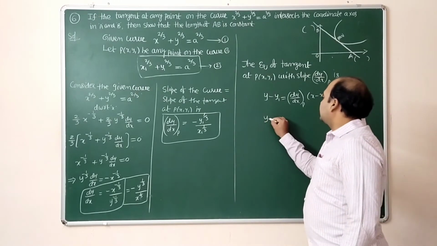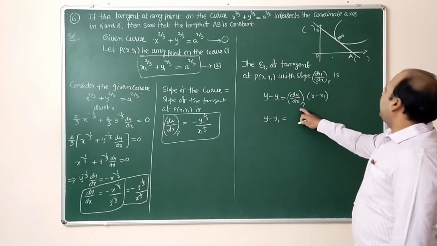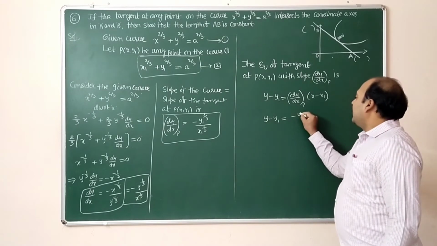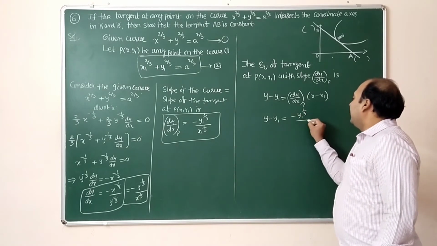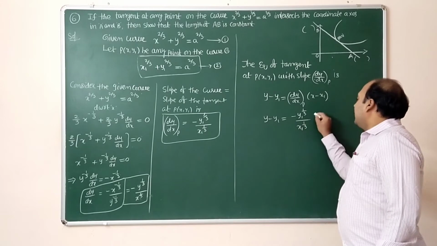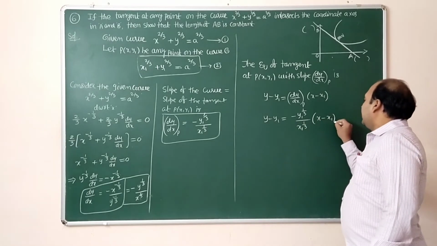Now y minus y1 equal to dy by dx at P, this value, minus y1 power 1 by 3 divided by x1 power 1 by 3 into x minus x1.